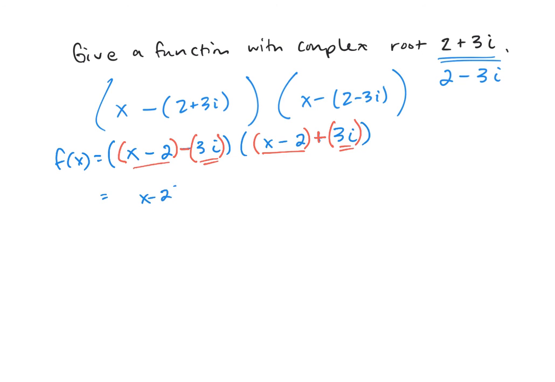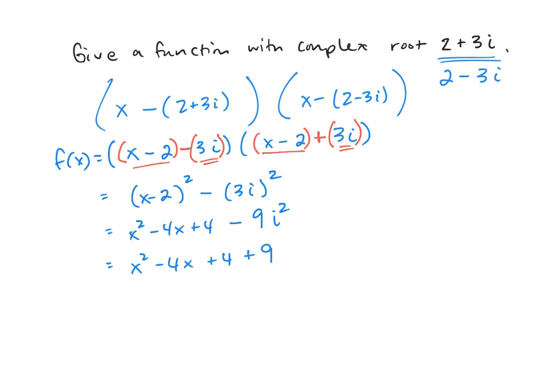I get the first term squared minus the second term squared. Much easier now. Multiplying this term out, I get x squared minus 4x plus 4. Multiplying this one out, I get minus 3 squared is 9, and i squared. Remember from your previous lesson, i squared means it's a negative 1.